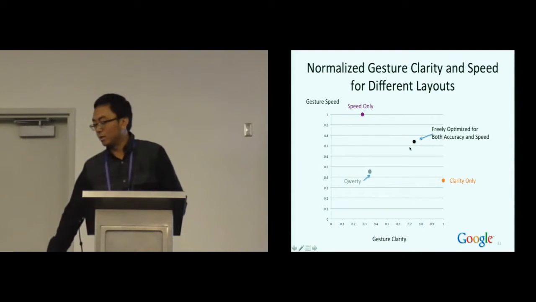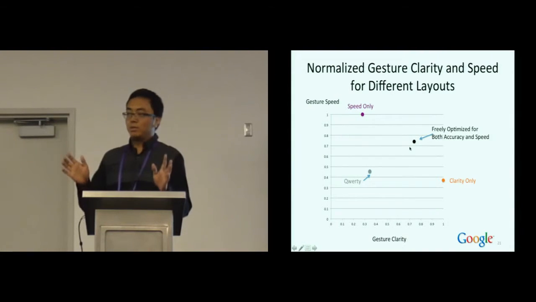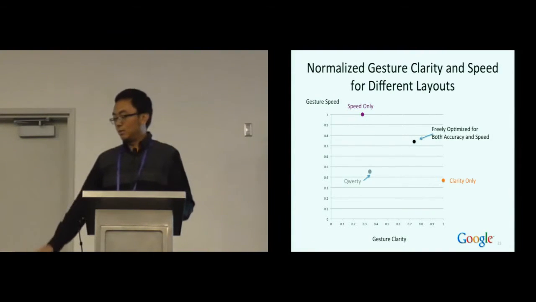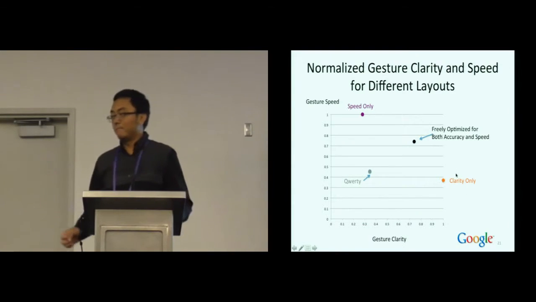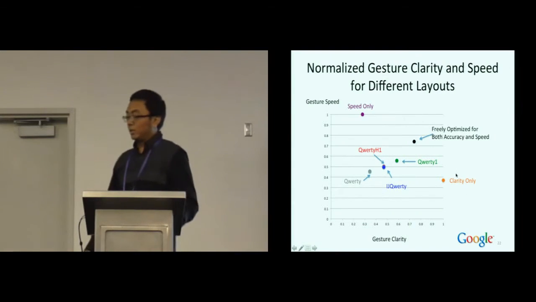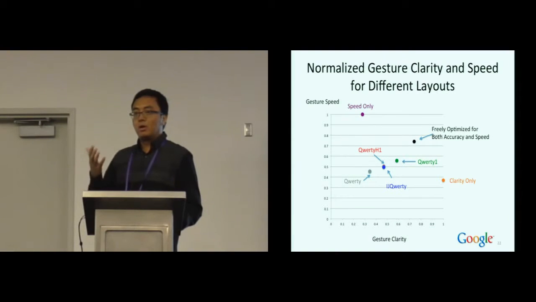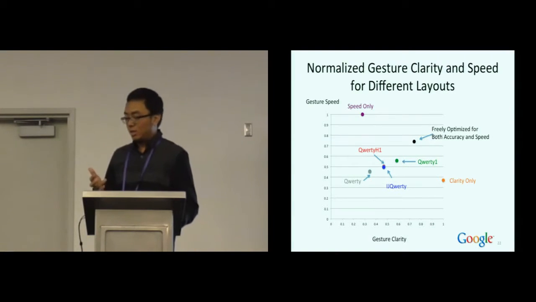And this is the layout we optimize for both metrics, with no constraint. So what you get is kind of in the middle between speed and clarity. And here's the performance of the three optimized layouts under three constraints.